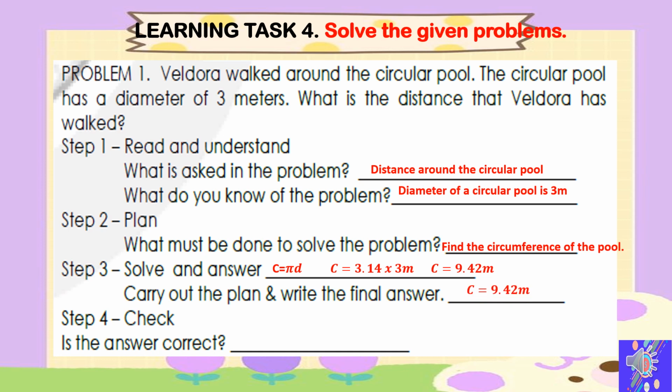So that is our final answer. So i-multiply lang natin yung 3.14 times 3, then you will get 9.42 meters. So tingnan natin kung paano naman natin i-check para malaman natin kung tama ang sagot. So we have C is equals to 9.42 meters divided by 3.14.